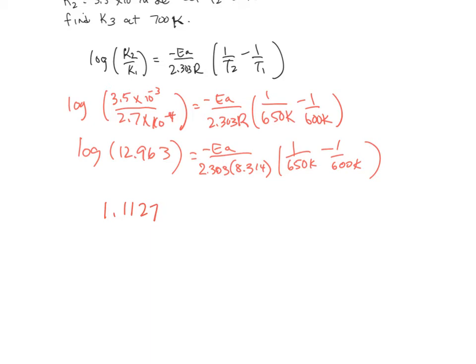I think I'm trying to figure out what was wrong there. 1.127. Okay. All right, and then we've got negative EA. This number together, 2.303 times 8.314, is 19.14. The units for R are going to be joules per mole per Kelvin.